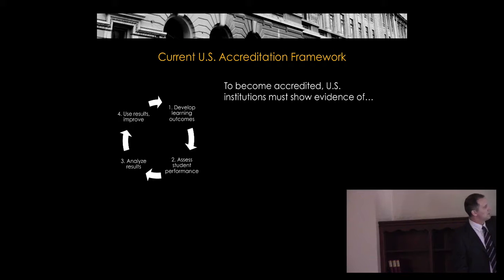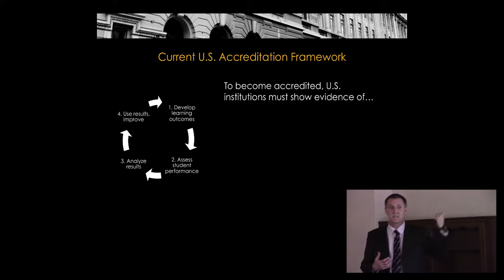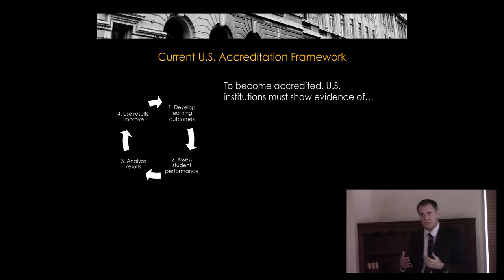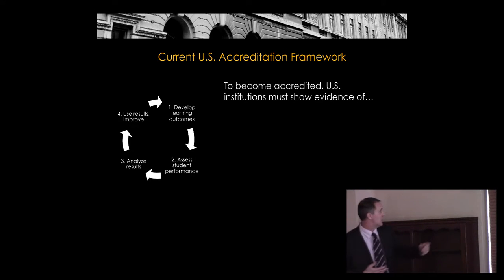But what accreditation commissions now want from universities is this process implemented across the board. Every single program and co-curricular program at a university in higher education in the United States, if you want to be accredited, you need to show your accreditor evidence that you're engaging in this process. And particularly that you're developing learning outcomes, and collecting information on the degree to which students have attained those outcomes.